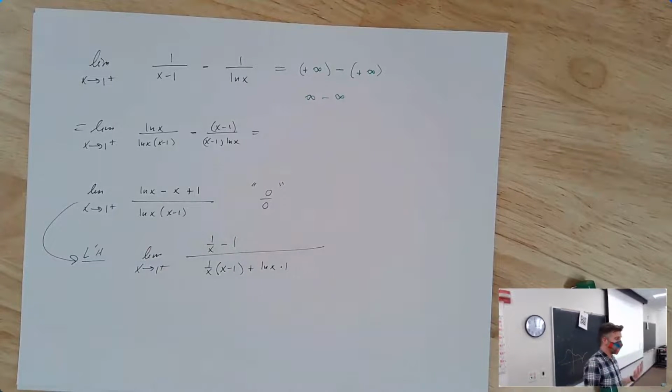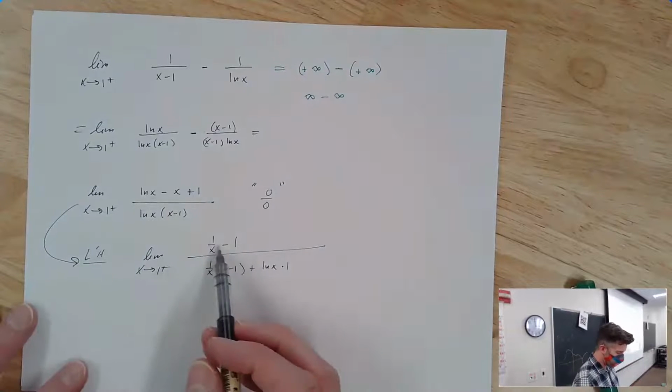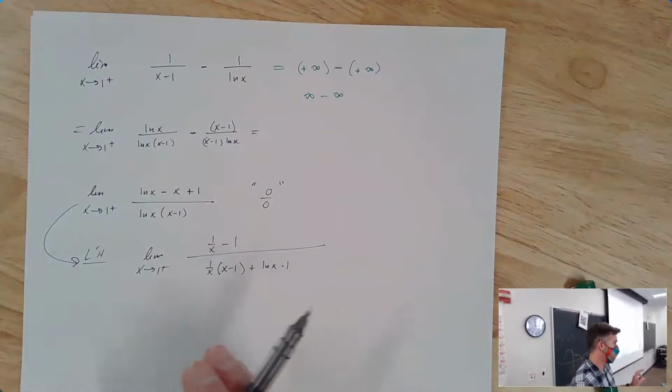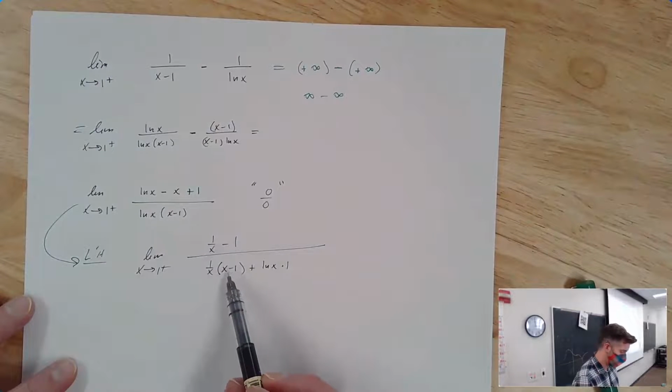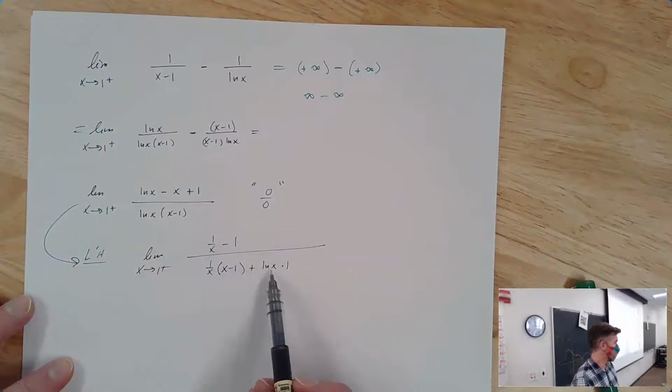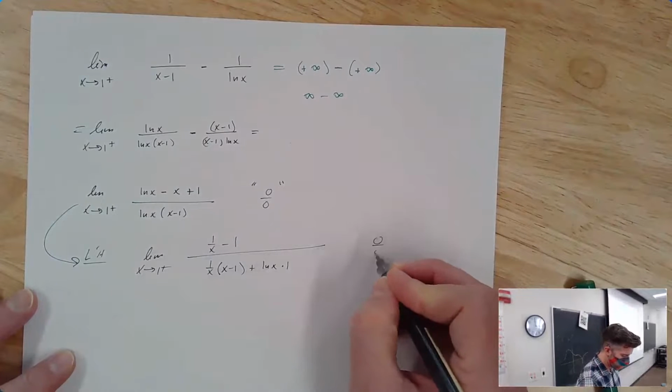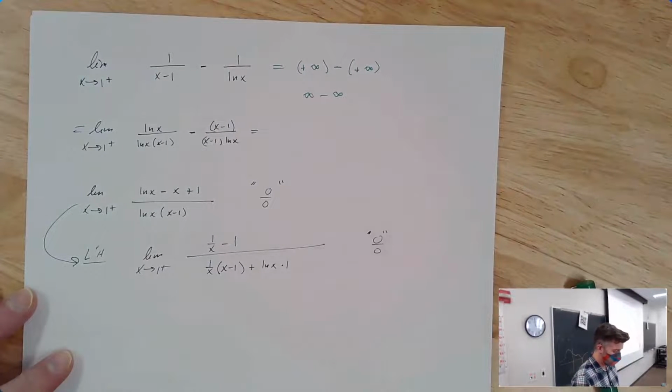Before I do anything else, I am going to check, can I just plug it in? If I plug in 1, I get 0 on top. That's not necessarily a problem. 0 on top can be fine. If I plug in 1 on the bottom, though, I get 1 times 0, which is 0, plus natural log of 1, which is also 0. So this is still a 0 over 0 form.